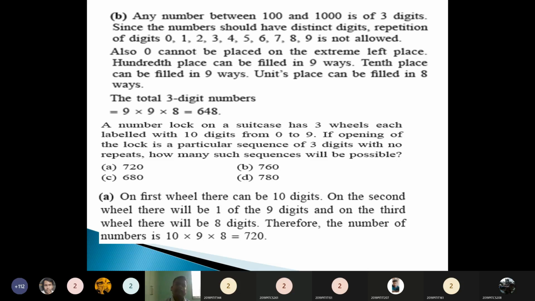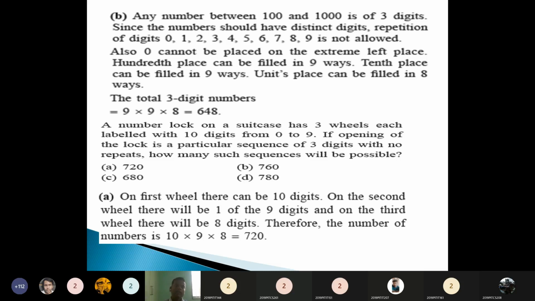For opening the lock, there is a particular sequence of 3 digits. What is that? A 3-digit number, but the first digit can be 0. So 0, 1, 2 is a possible sequence for the number lock.